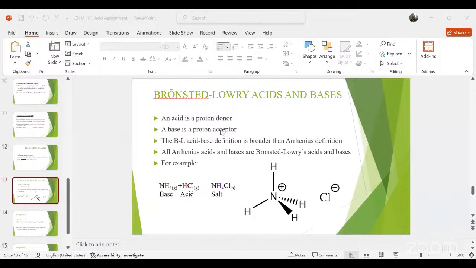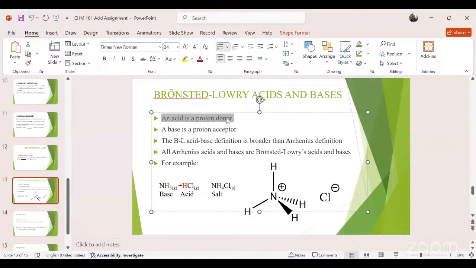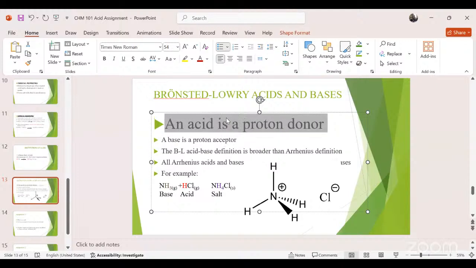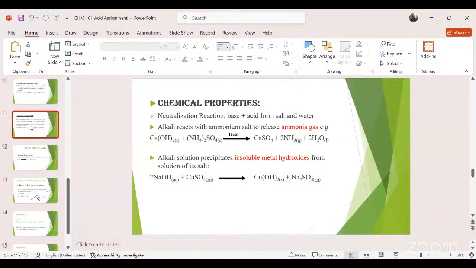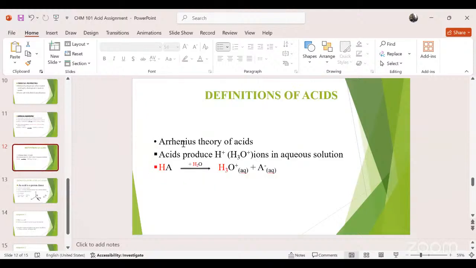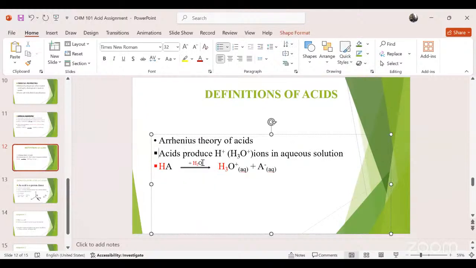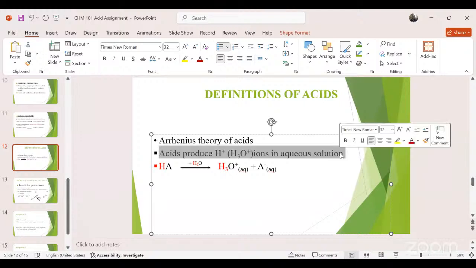Look at how we define a Bronsted-Lowry acid. A Bronsted-Lowry acid is a proton donor. Now look at Arrhenius acid. See, Arrhenius acid is the one that produces hydrogen ion in solution.